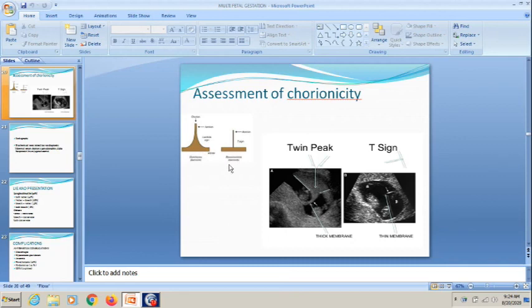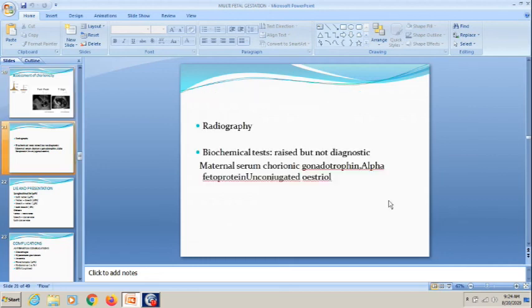In monochorionic monoamniotic or monochorionic diamniotic twins, there will be only a thin membrane between the 2 fetuses. It is known as the T sign. So sonographically you can see the twin peak sign here, and the T sign here.